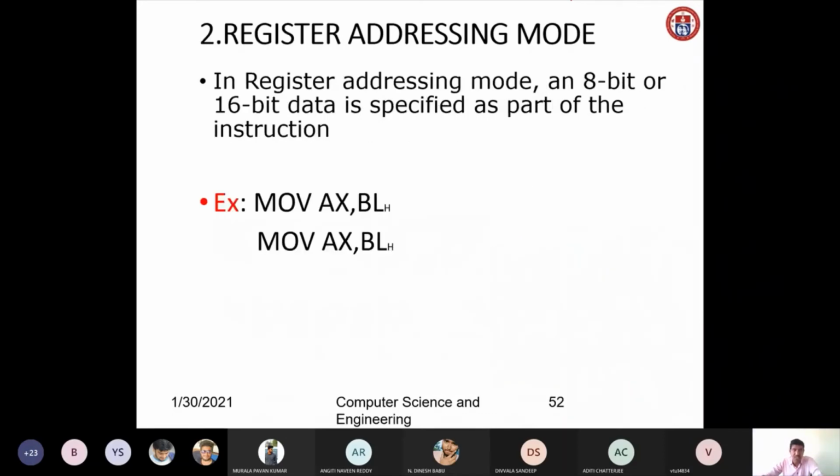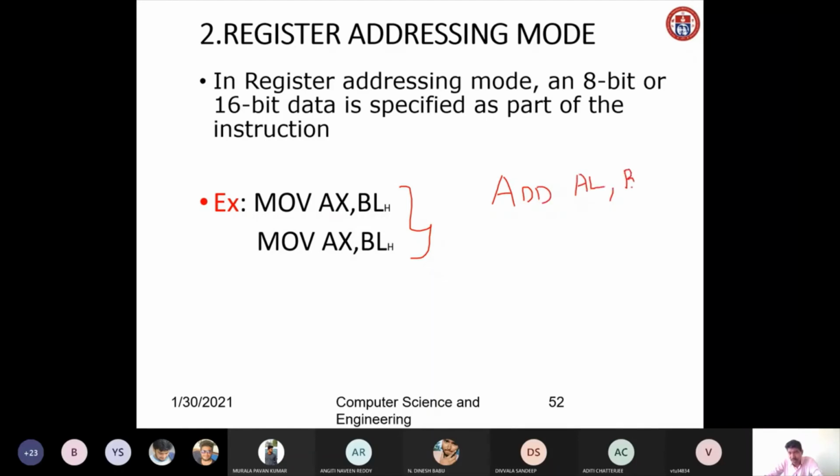The next one is the register addressing mode. Here we have written the data transfer instruction. Now you can write an addition instruction also. What you can do is ADD AL comma BL.